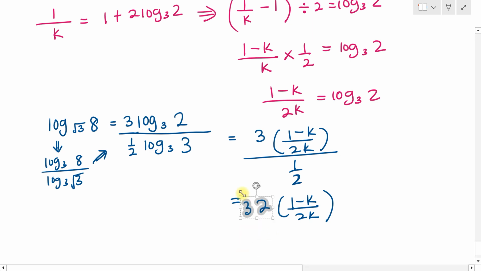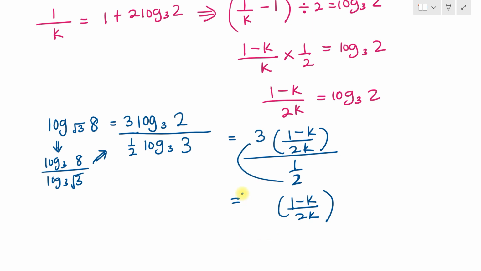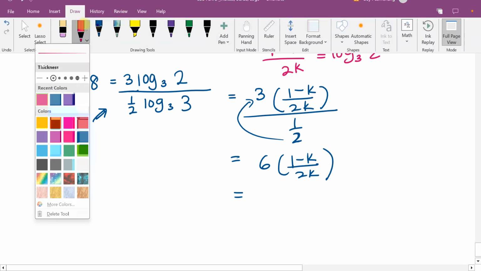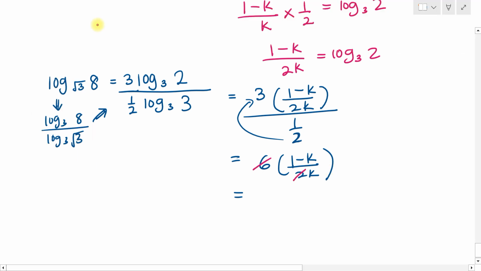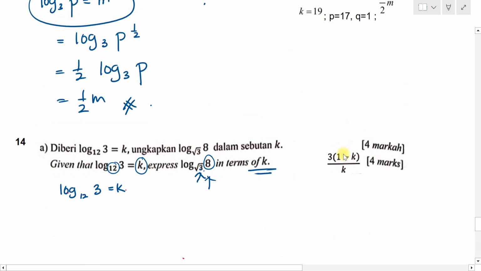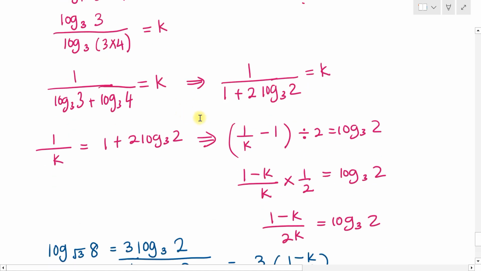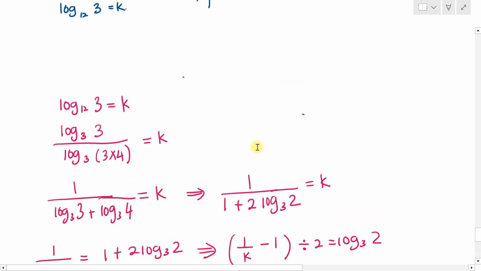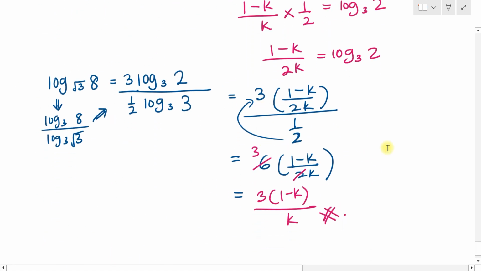Or I can write it like this, 2 go and multiply here, so it becomes 6. And then over 1 no need to write, and then this 2 and this can cut, so 3 times 1 minus k over k. That should be the answer. It's quite lengthy and quite difficult question, challenging. Alright, hope you can follow.